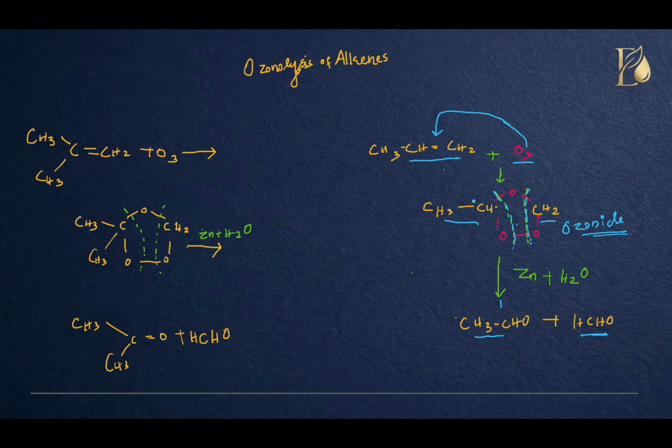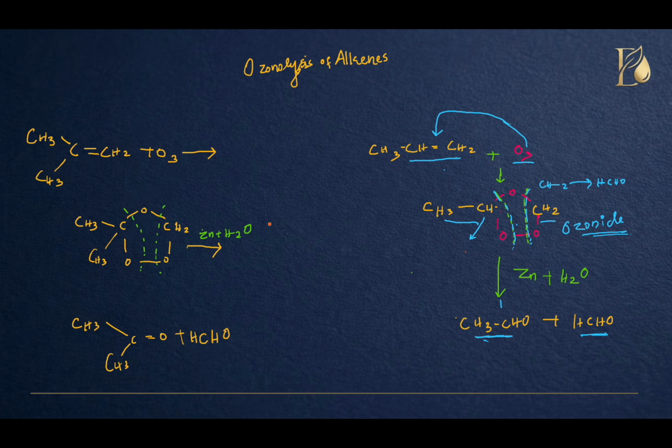How are these products formed? If there is a hydrogen atom with this carbon atom, it will produce the corresponding aldehyde. And if the group is CH2, it will produce HCHO. If there is a hydrogen atom with the carbon atom, it will produce an aldehyde. If there is no hydrogen atom, it will produce a ketone.